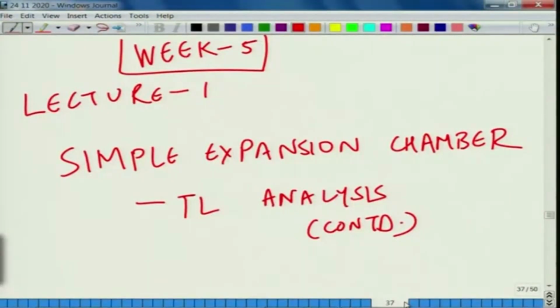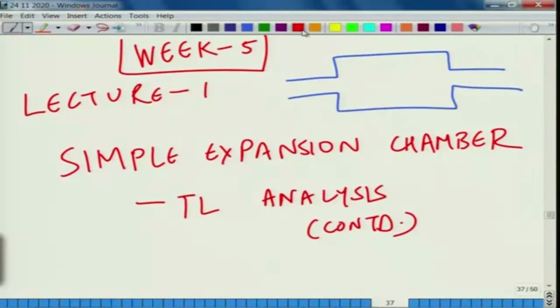So, we have got a simple expansion chamber. By now you would have understood what we mean by a simple expansion chamber, which is something like this. The flow comes in here, it goes out.